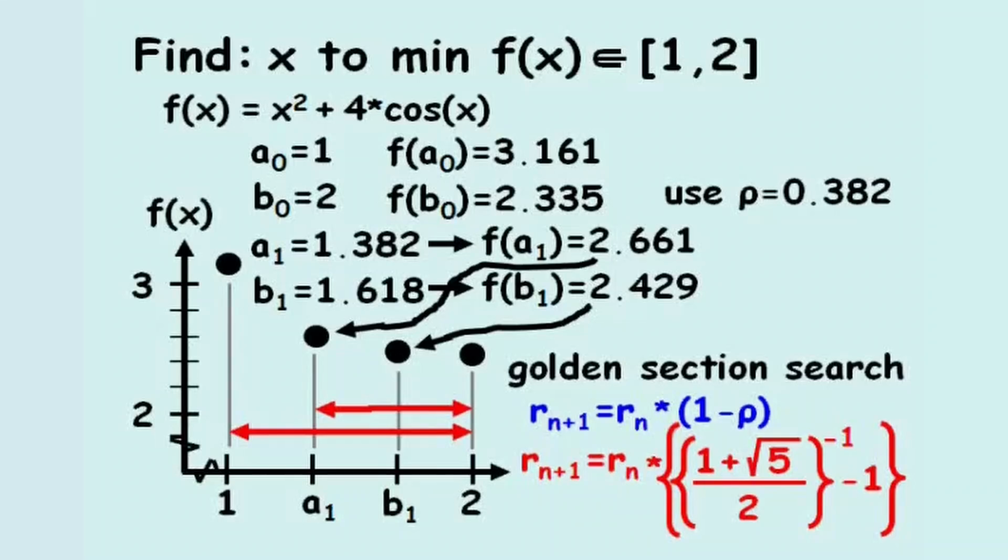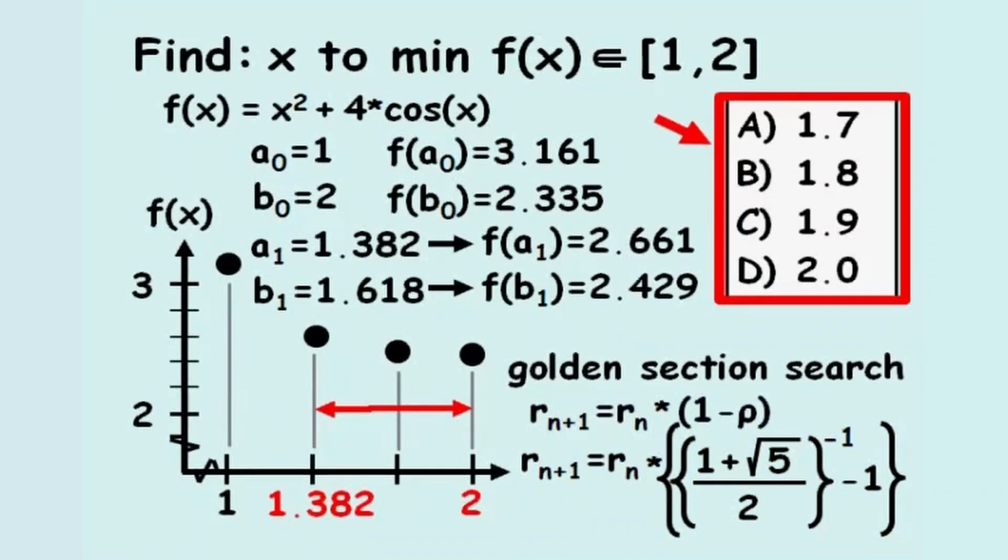Since our four possible answers all fall within the range of 1.382 to 2, we'll perform a second iteration of the golden section search method, and we'll continue with as many iterations as necessary until our range of x values only includes one of the four possible solutions.